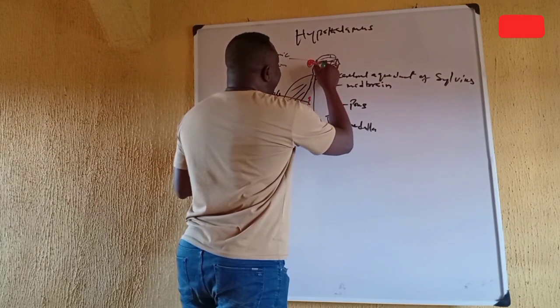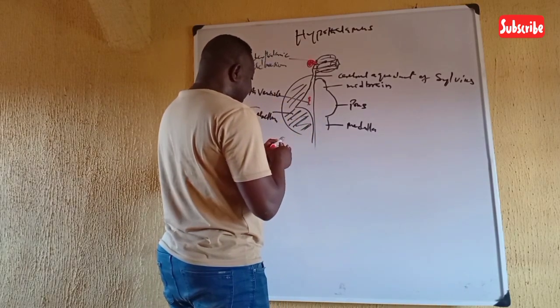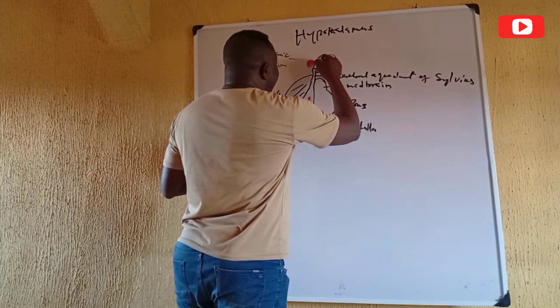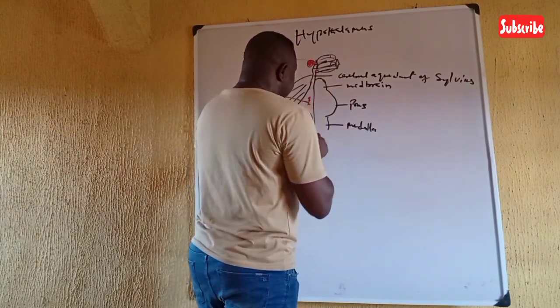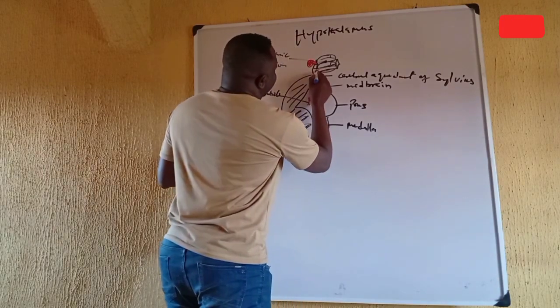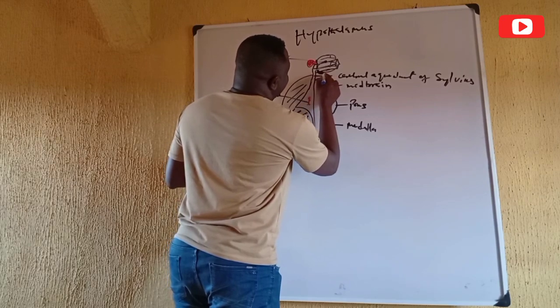They are connected by what is called the habenular commissure. By the side of the thalamus, we have two swellings, one at the medial aspect and one at the lateral part.